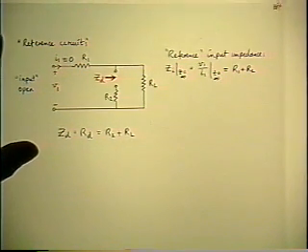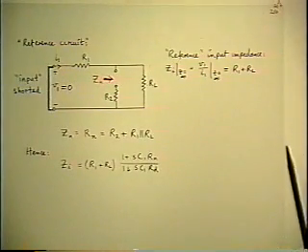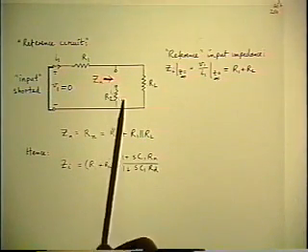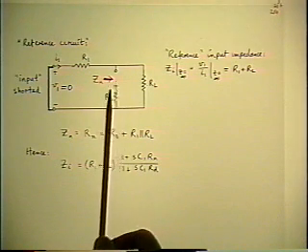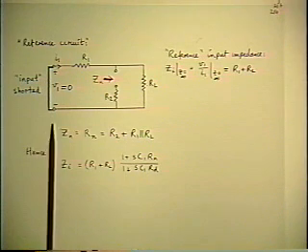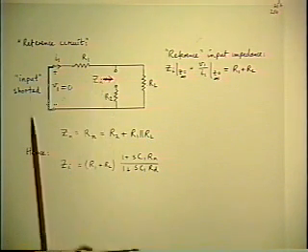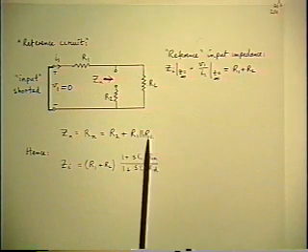So that's the first calculation. And the second one, using the shortcut, is you calculate Rn, single injection, with the input shorted. So that is R2 plus R1 is now put in parallel with RL.